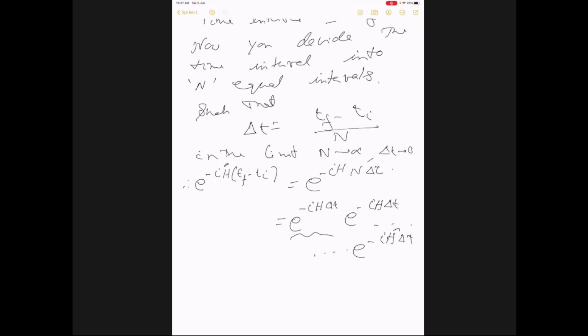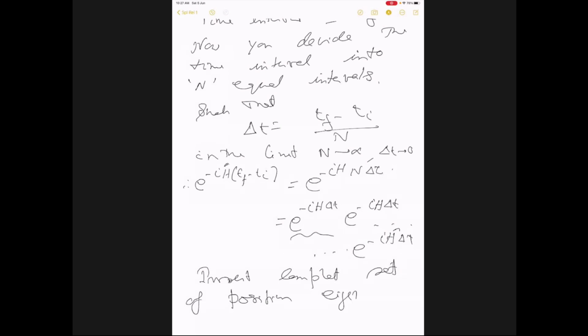So now what we do, I insert a complete set of position eigenstates.